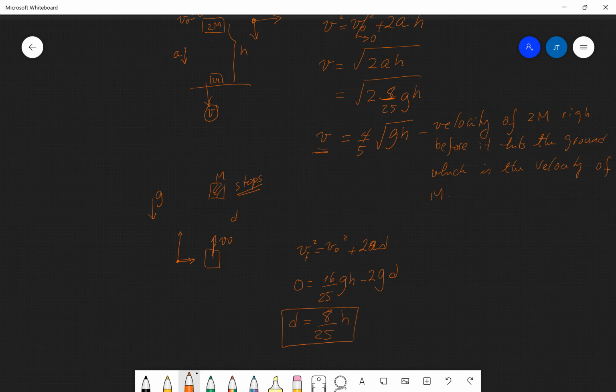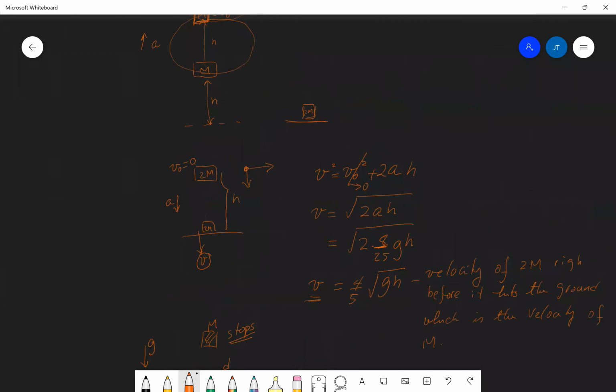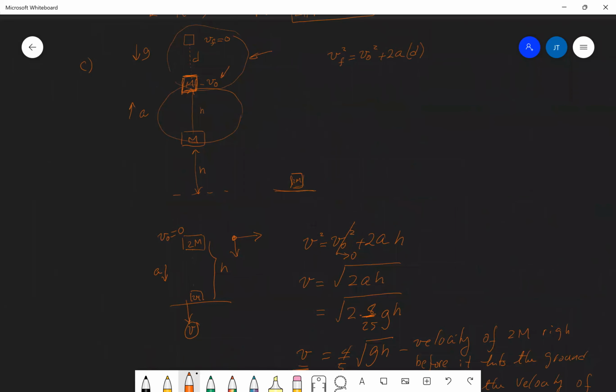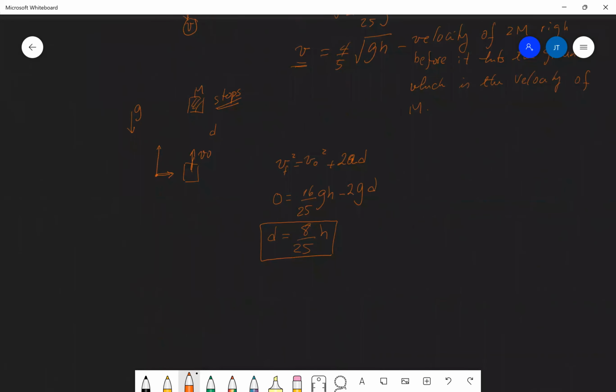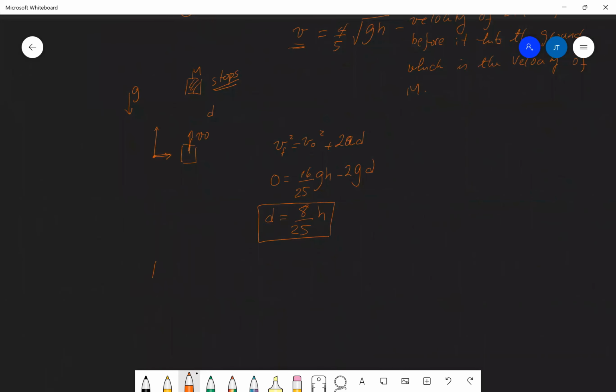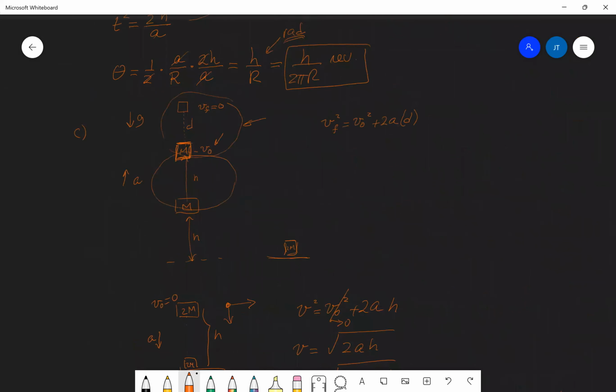That's how high above, when 2m hits the ground, this keeps going. So the height above ground is its initial height, h, plus the height when it was moving with 2m.